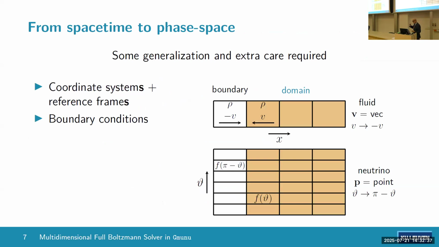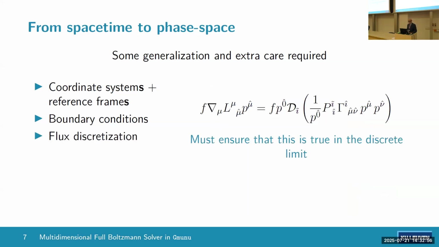But when you need to keep track of the neutrinos, suddenly it's no longer just a flipping of the sign. You're actually at a different point in your momentum space. So you need to keep track of where you are in the boundary conditions in order to make things run properly.